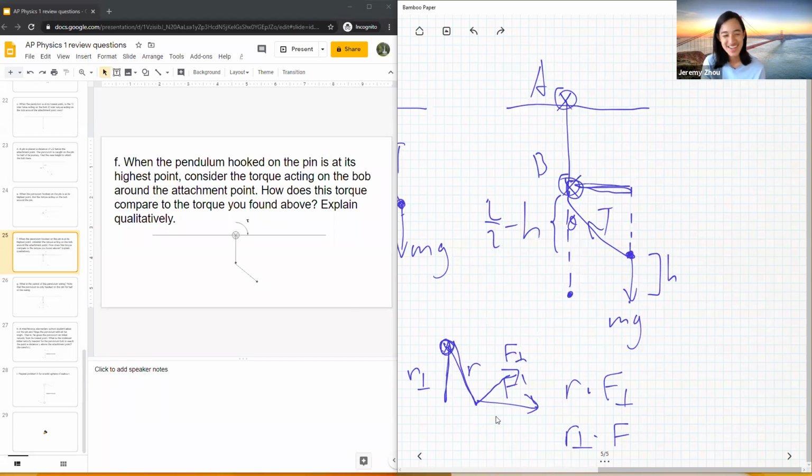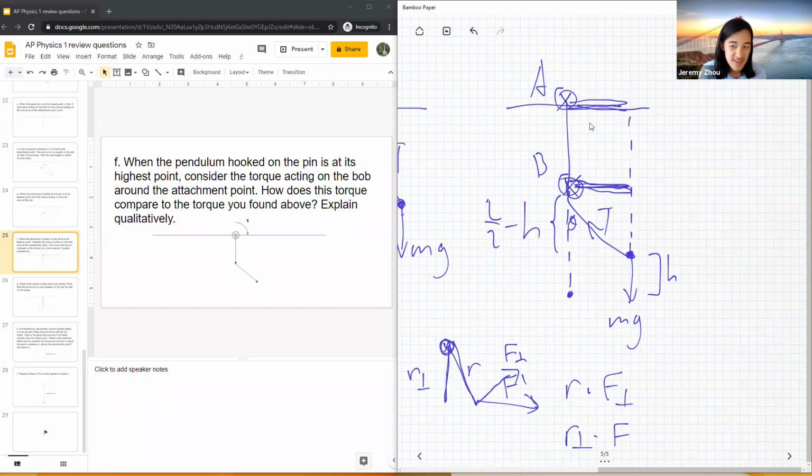Okay, so yeah, they're actually the same. The way I think about that is, you can calculate torque by using F and R perpendicular to F. R perpendicular to F in this case is this distance, and in this case is that distance. Those are the same distance. So gravity does the same torque, right?